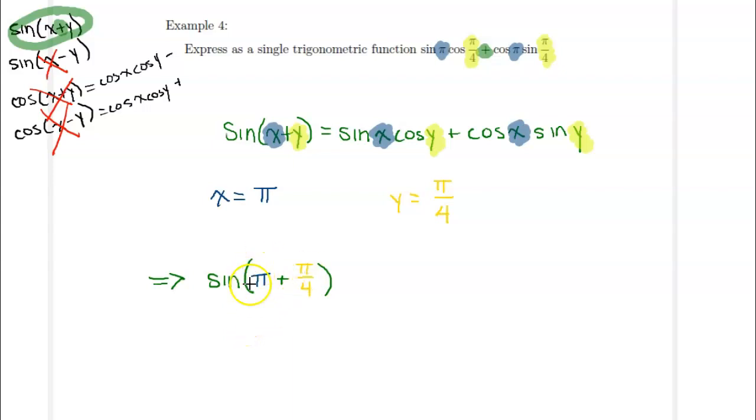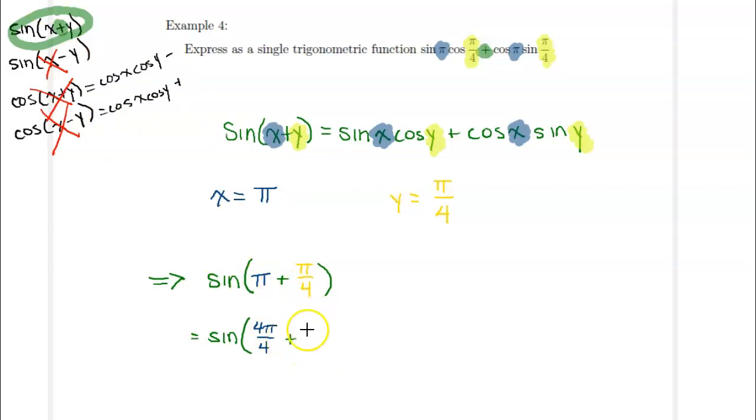Well, I'm adding this to a fraction, and I can't add those two together until they have a common denominator. So I'm going to have to rewrite this pi as something with a denominator of 4. Well, I can rewrite this as 4 pi over 4, because that would cancel out, leaving me back with pi again.